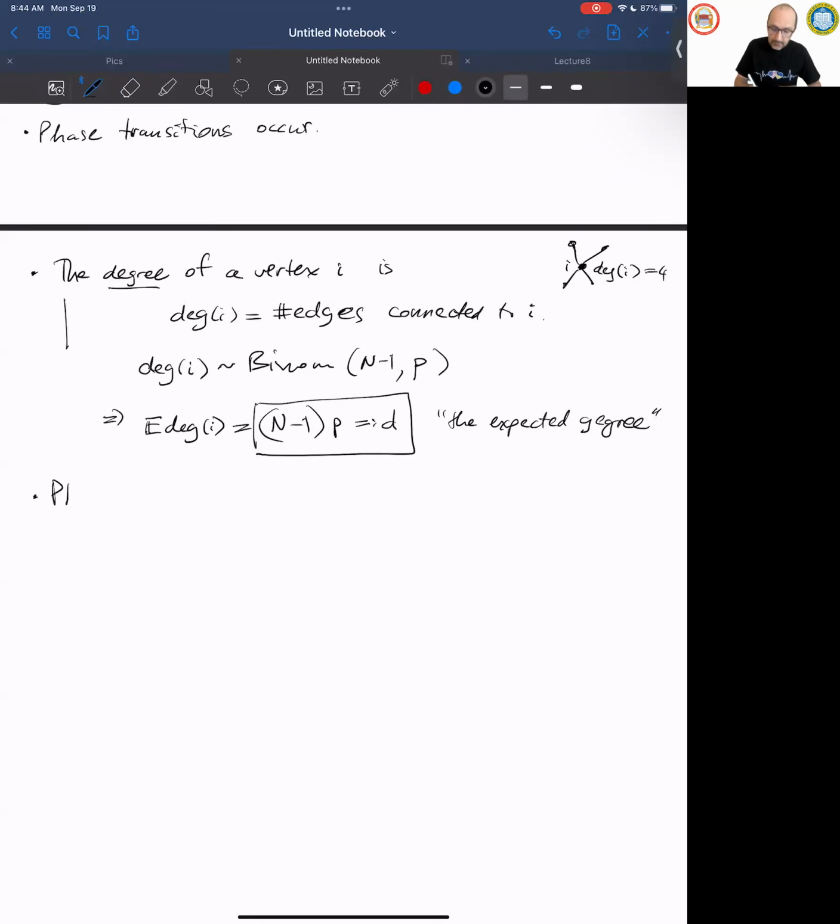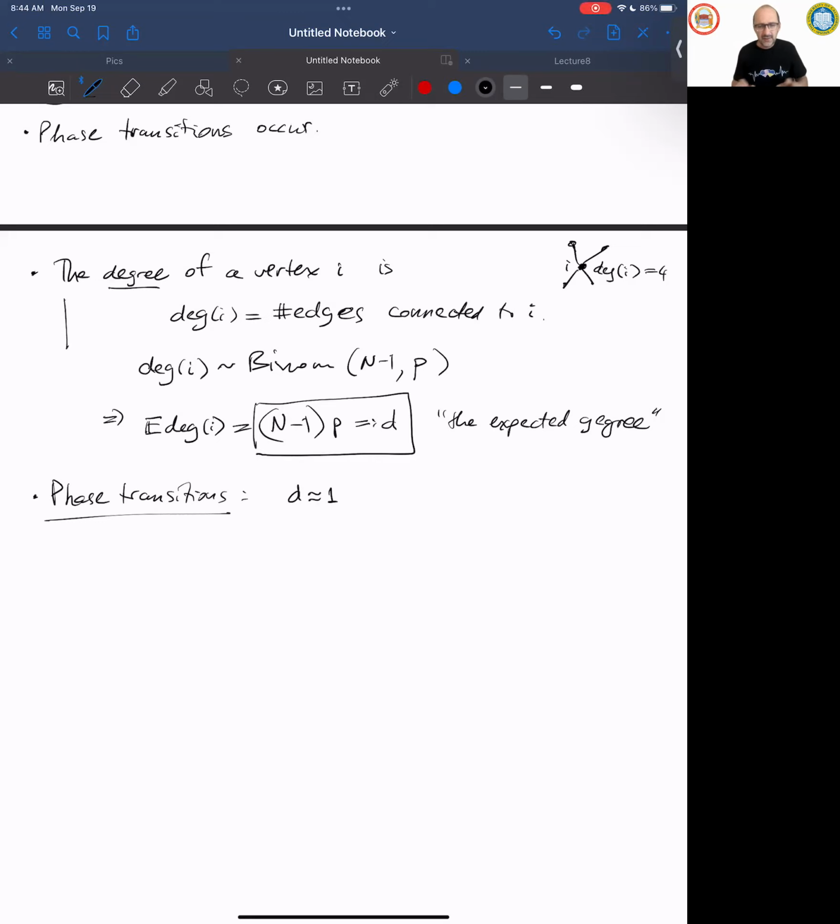So I brought this up because phase transitions are easiest to describe in terms of d. If d is less than 1, let's say, if the expected number of friends is less than 1, it's an extremely sparse graph.